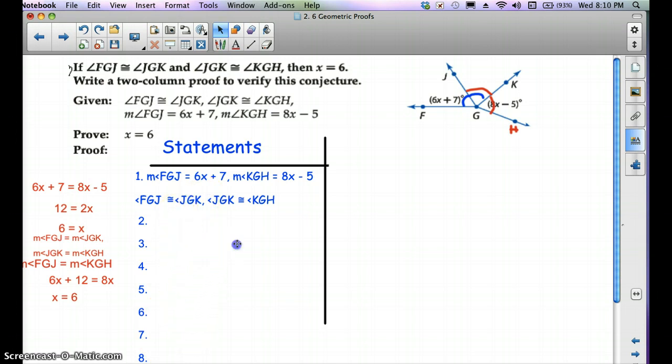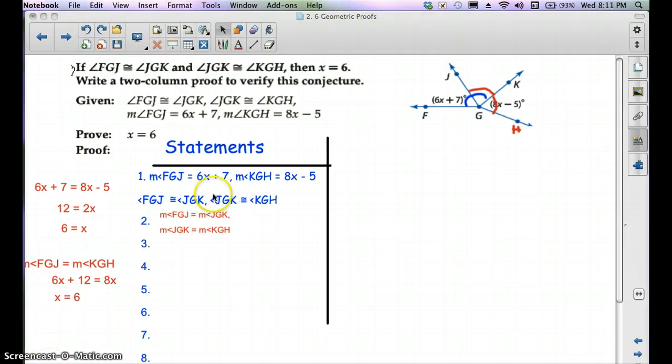Okay, so let's just do that first, and then we'll worry about the reasoning. So think if you could put these in order, or go ahead and pause the video and see if you can do so. So first and foremost, you got to get rid of this little squiggle, because when we solve equations, we don't have the congruency sign, we have the equal sign. So how do you get from congruency to equals? You got to get rid of it.